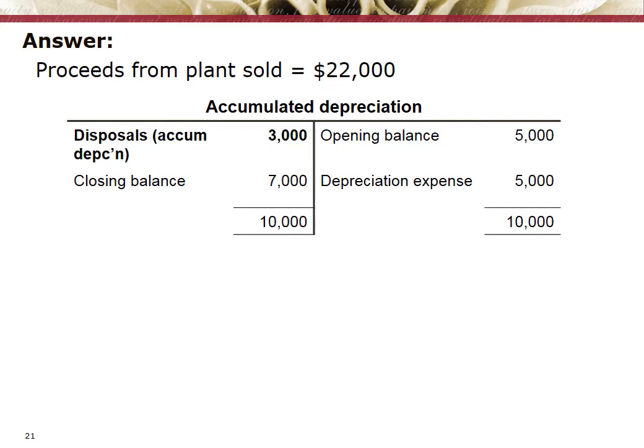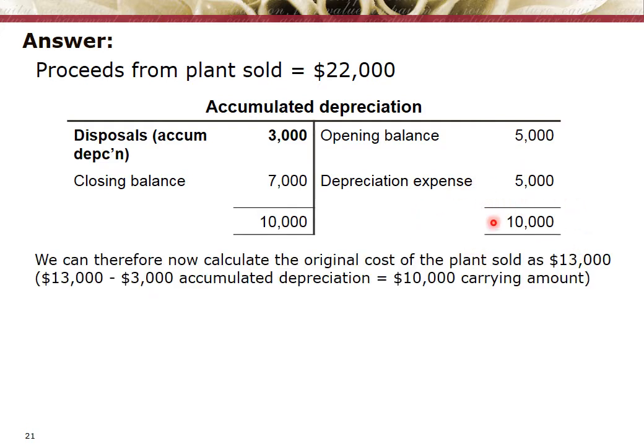The total of $5,000 plus $5,000 equals $10,000. Next we put the total down here of $10,000, and the closing balance is $7,000. Therefore the disposals, as in what's been removed from accumulated depreciation during the period, is $3,000.